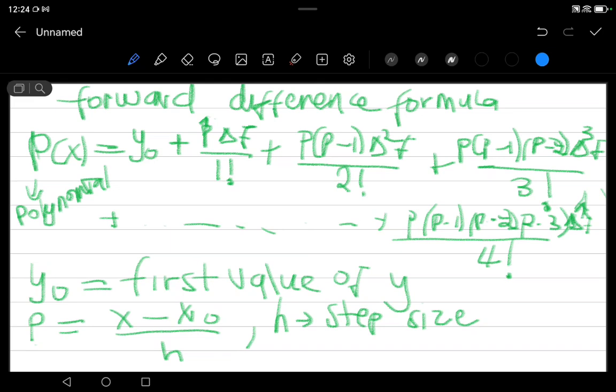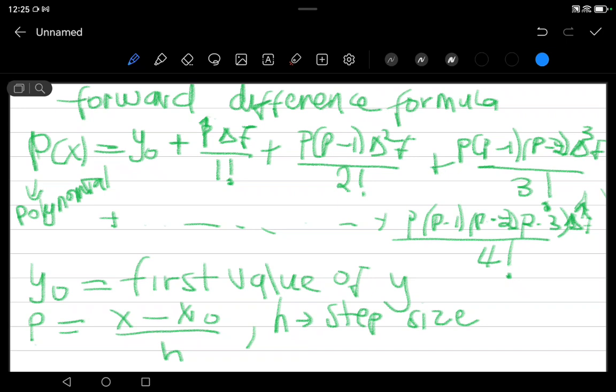Last time when I checked, he was not providing it on the formula sheet. So you have to know this formula for forward, backward, and divided. So this is the forward difference formula. P(x) equals y0, plus p change in f over 1 factorial, plus p into p minus 1 change squared f over 2 factorial, plus p into p minus 1, p minus 2, change to the power of 3 f over 3 factorial.